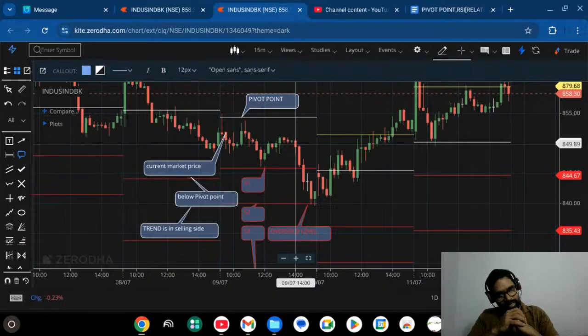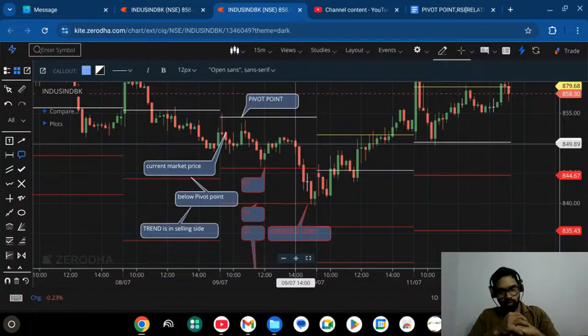It can go to a maximum of S1, S2, S3, supported by your oversold levels. The market has certain standard levels; it can move down maximum till S3.